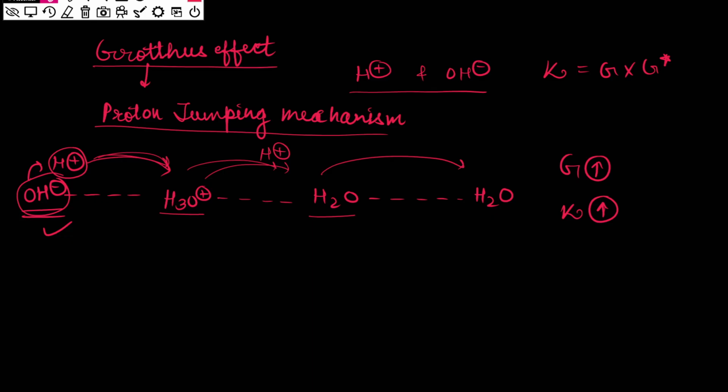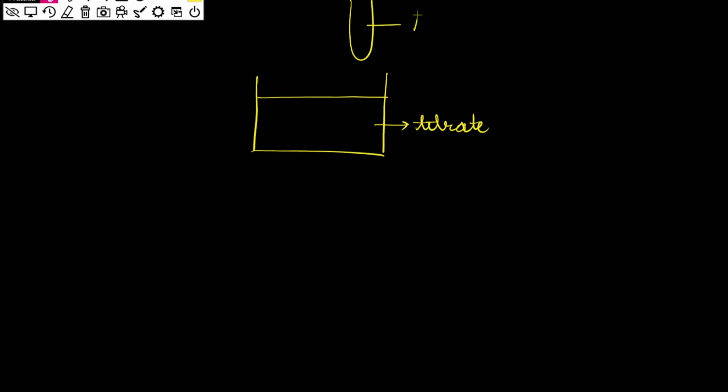Now we have to talk about the conductometric titrations and the application of conductometric studies. So basically what happens in conductometric titrations, whatever ion is present here, suppose this is our titrate and here I am taking the titrant.